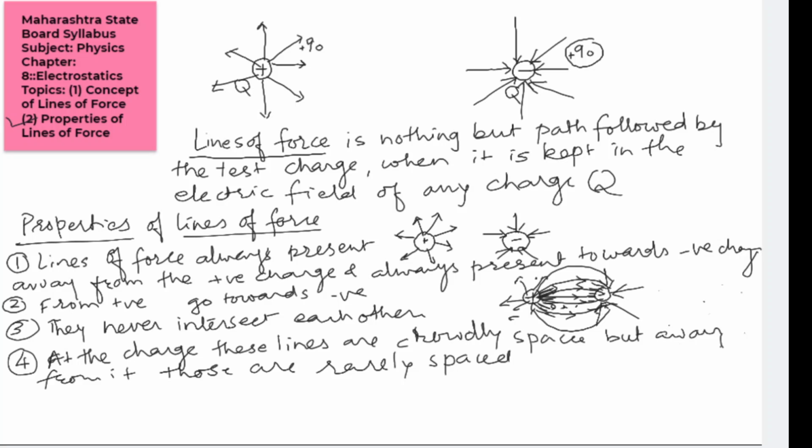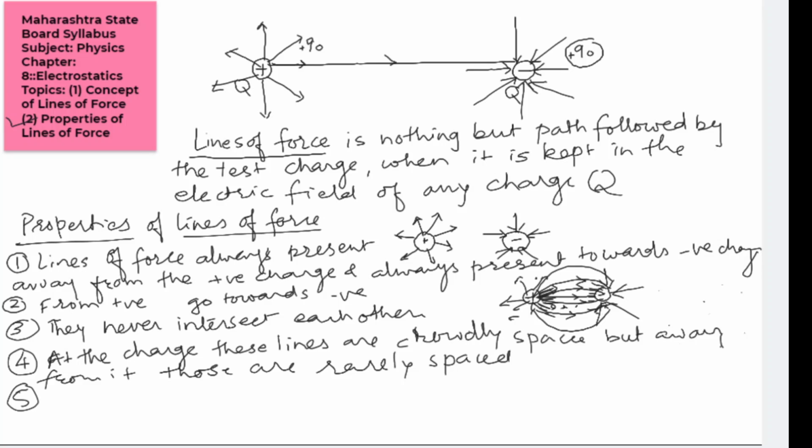Are you getting? So the fifth property now we will discuss here. Now you can see here, from this diagram we can explain in a nice manner. Suppose the positive charge is giving these lines of force, and all these lines of forces are coming here, and it will go like this, isn't it?